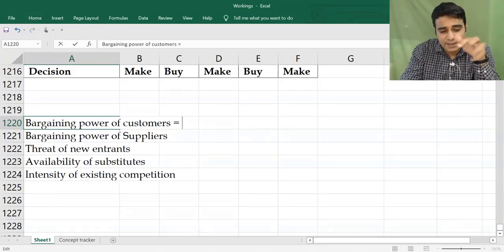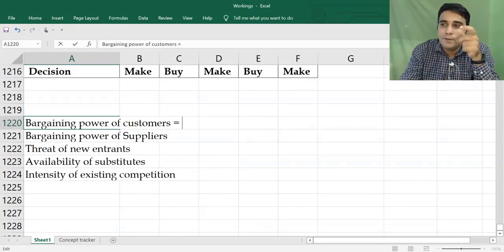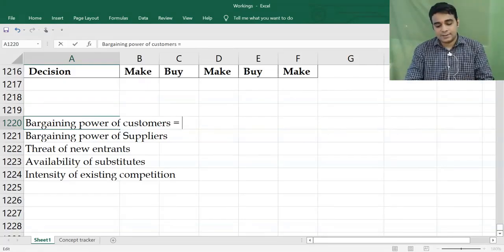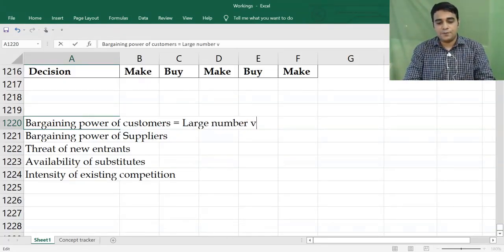So many suppliers will get into your availability of substitutes or intensity of existing competition. From your point of view, what influences your bargaining power with the customer? Okay, quality, demand, what else? Okay, price, I am not getting into that point still. What else? Yeah, so the first factor is large number versus few.